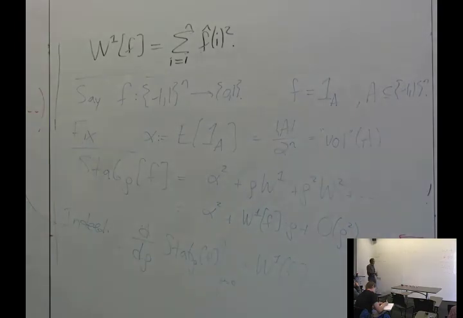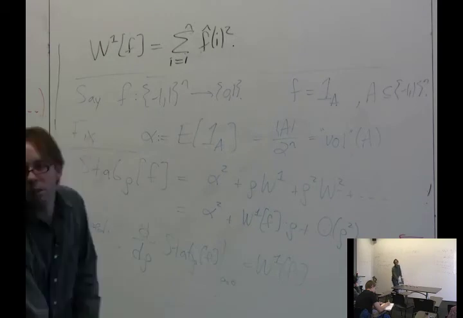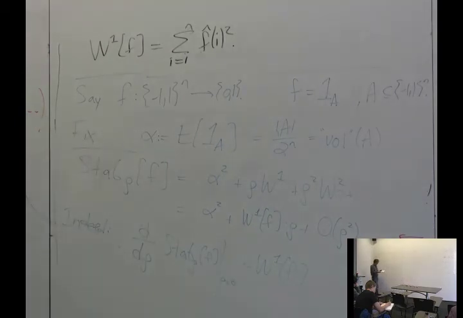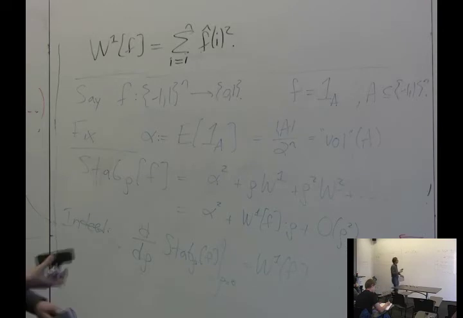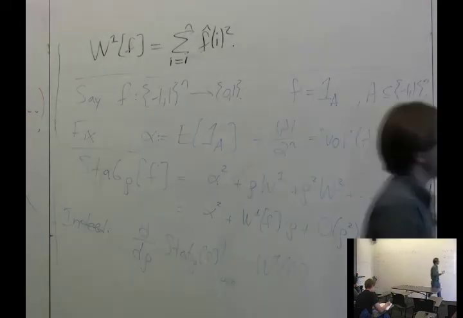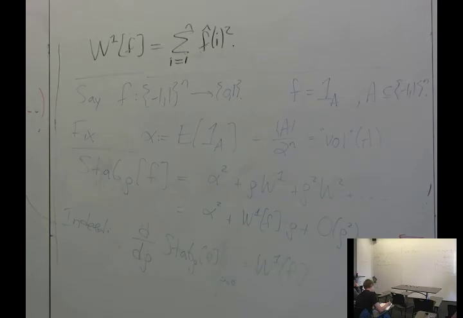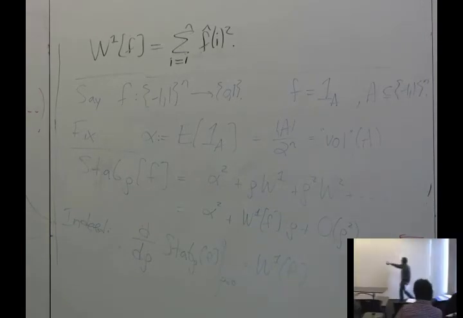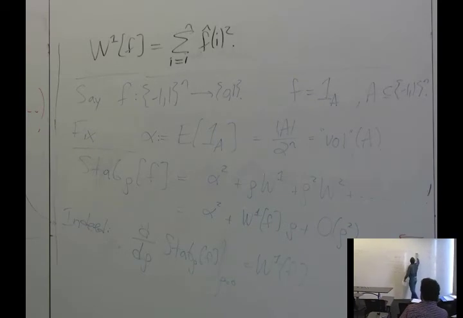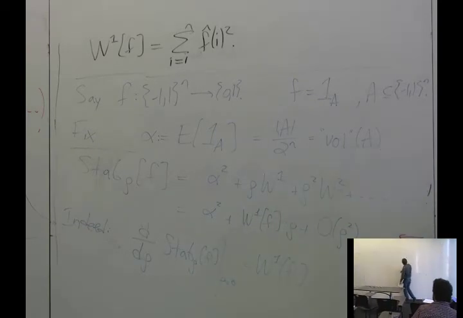Okay, so basically it measures noise stability for very small values of rho. Okay, so asking which function of a given volume maximizes noise stability for small rho is kind of the same as asking which function maximizes the Fourier weight at degree 1.